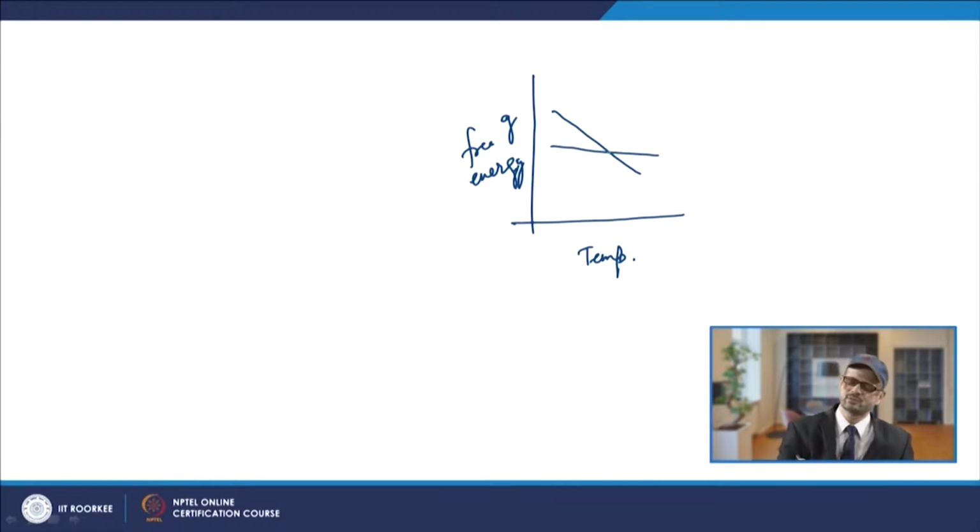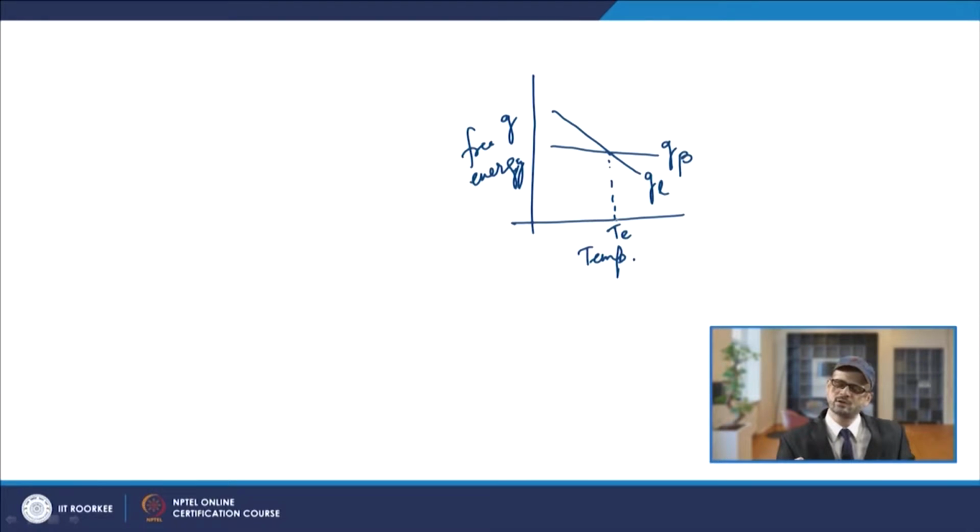This is the equilibrium temperature, normally the melting temperature. This curve is the free energy for the liquid phase, and this is the free energy for the solid phase, suppose solid crystal beta.